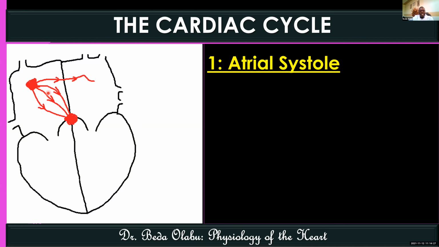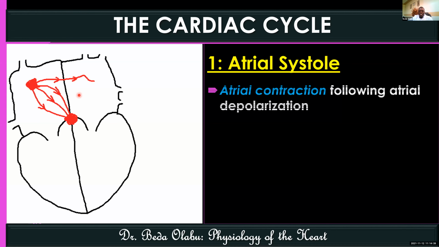That means that the atrial chambers undergo depolarization. How will the atria respond to that depolarization? The atria will contract. So atrial systole is a period of atrial contraction following atrial depolarization.